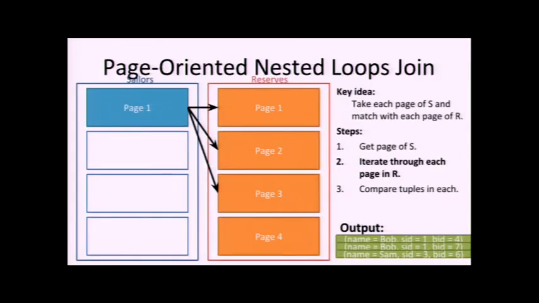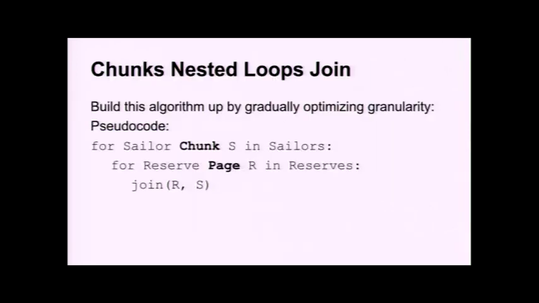Instead of fetching each tuple of S and matching it with each tuple of R, we're going to fetch every page of S, and we're going to join that with every page of R. Okay. Everyone clear on page-oriented nested loops join?